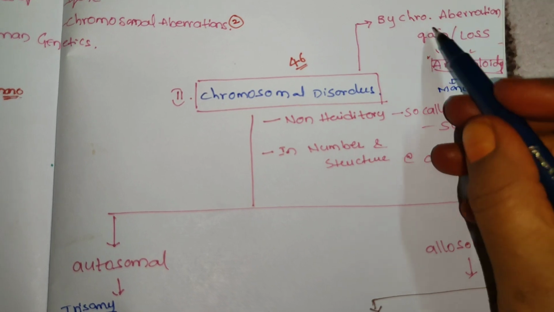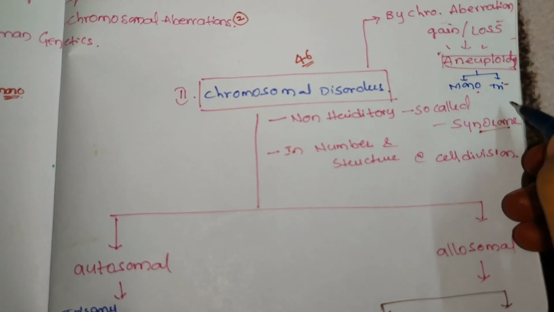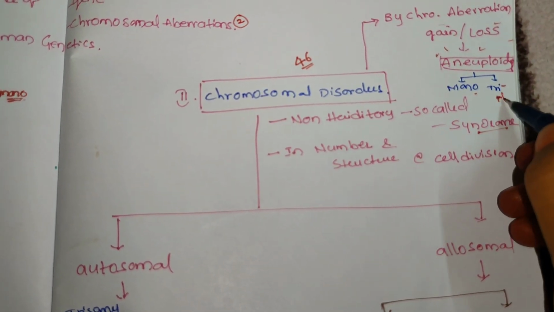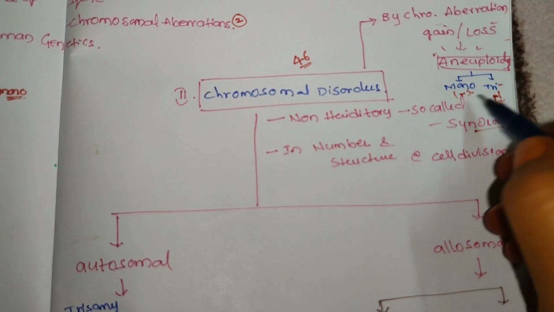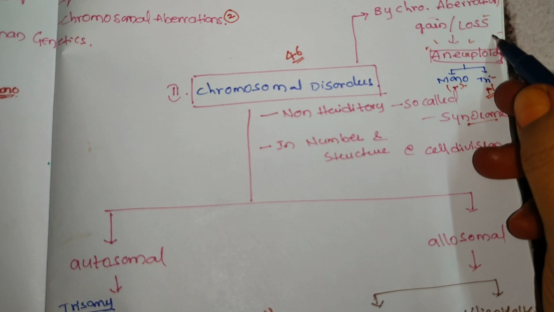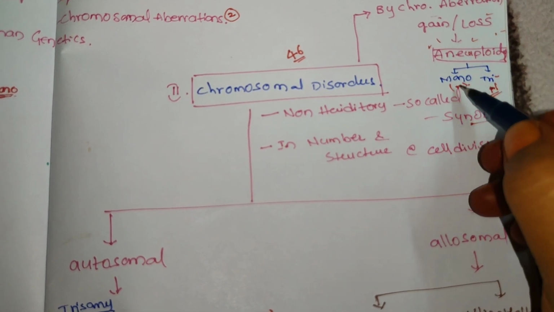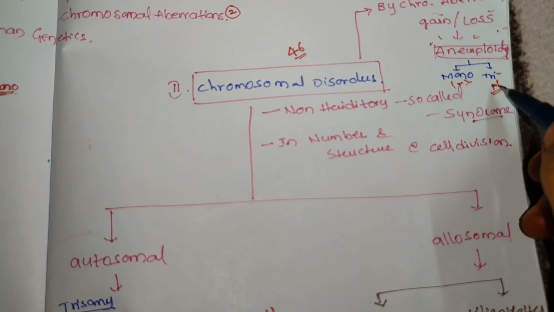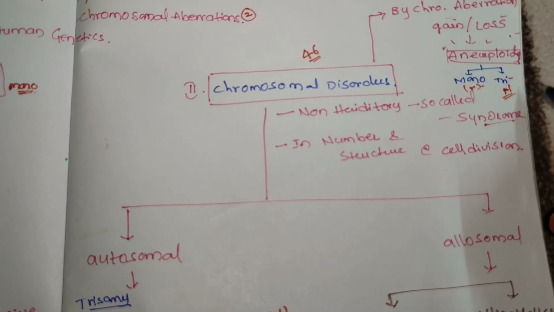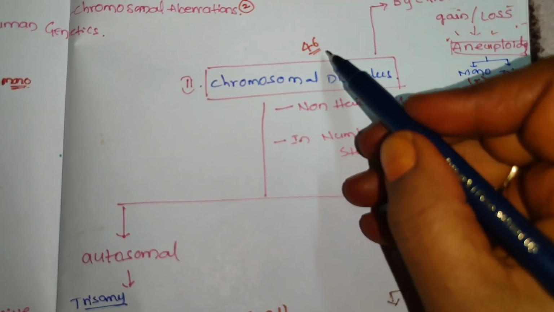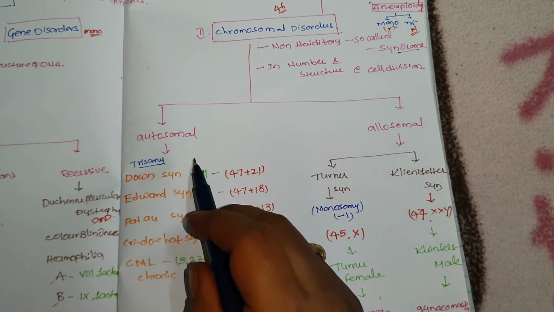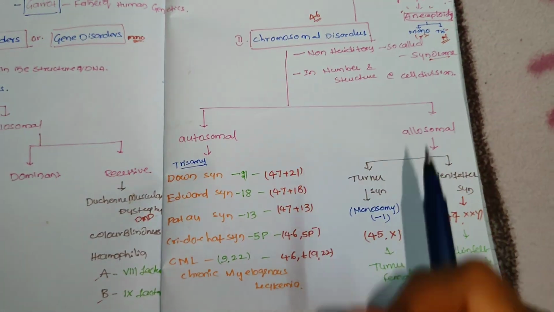Gain or loss is called chromosomal aberration. If a chromosome is added, the condition is called trisomy. If a chromosome is deleted, it is called monosomy. Monosomy means loss of a chromosome, trisomy means adding one chromosome. Total 46; if loss, 45; if gain, 47.